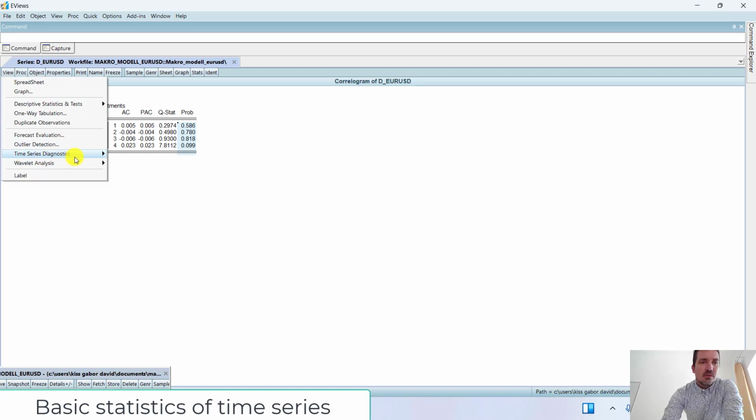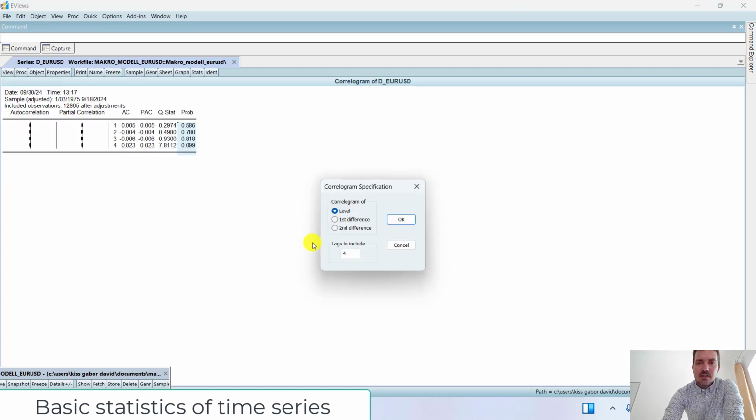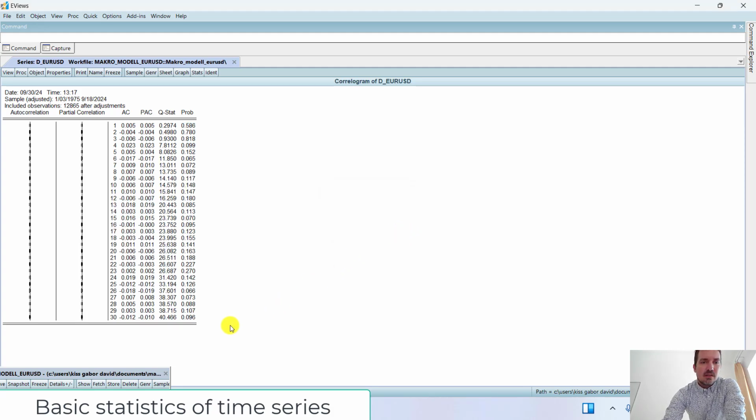Let's see if we have any serial correlation. No, it's cool. So right now we can see that this specific time series has no such problem.